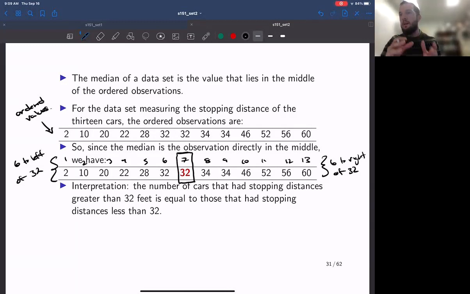Or something like, the same number of cars had stopping distances greater than 32 and less than 32. That would work as well. We're just trying to describe that midpoint. Yes, the median would be the midpoint of the data.